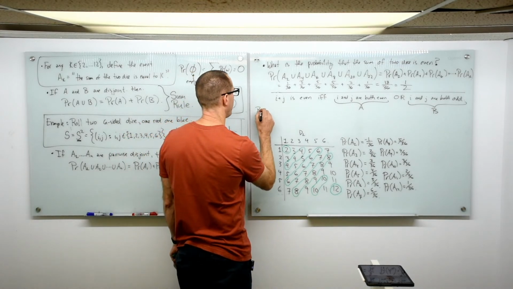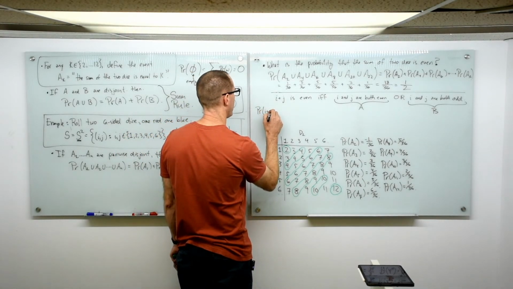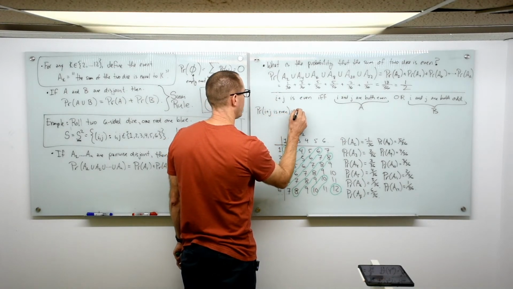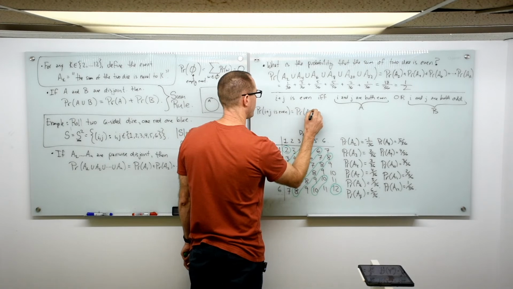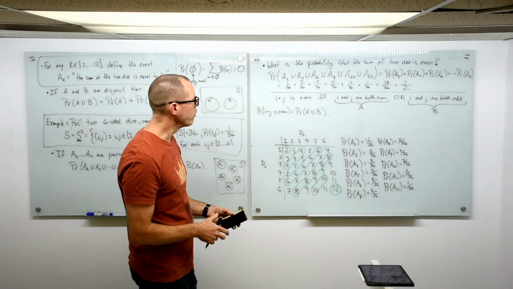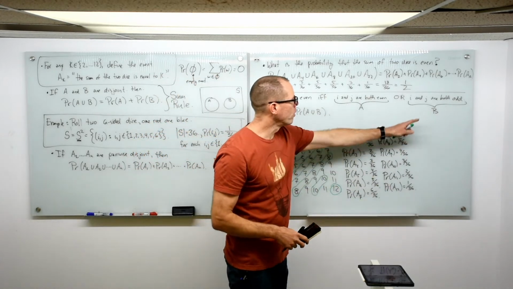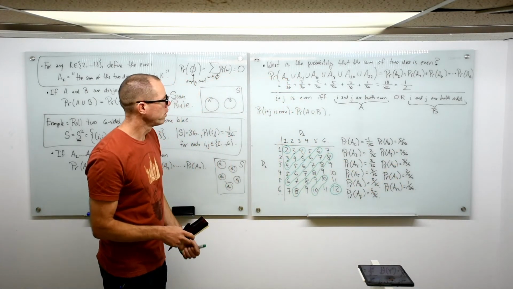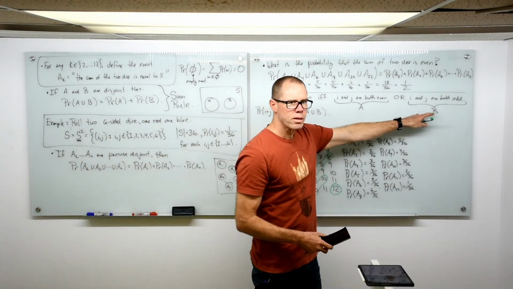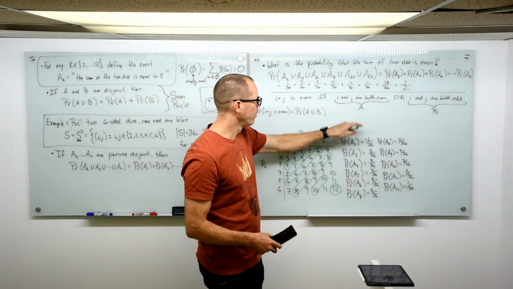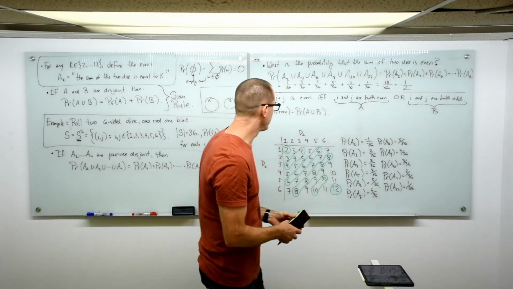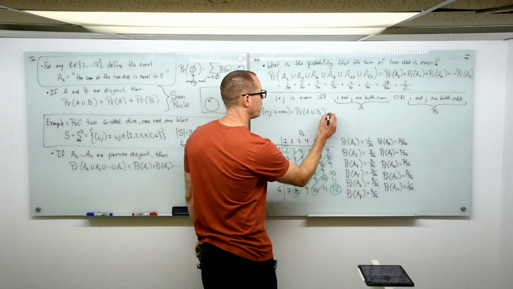So then, the probability that I plus J is even, well, that's equal to the probability of A union B, right? If I plus J is even, that's because I and J are both even, or I and J are both odd. Well, these are definitely disjoint sets, right? If they're both even, then they're not both odd, so that's definitely disjoint. So we can use the sum rule.